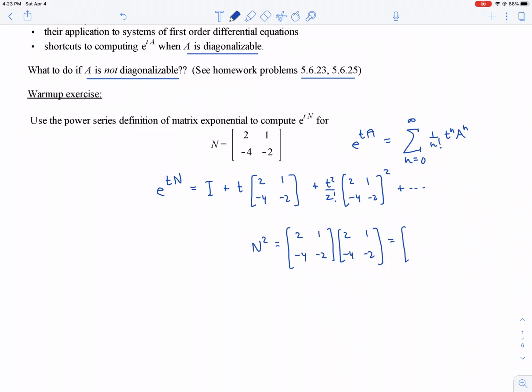Let's see, the first entry is 4 minus 4, which is 0. The second entry is 2 minus 2, which is 0. This is interesting. For the 2, 1 entry, I get minus 8 plus 8, which is 0. And for the 2, 2 entry, I get minus 4 plus 4, which is 0.